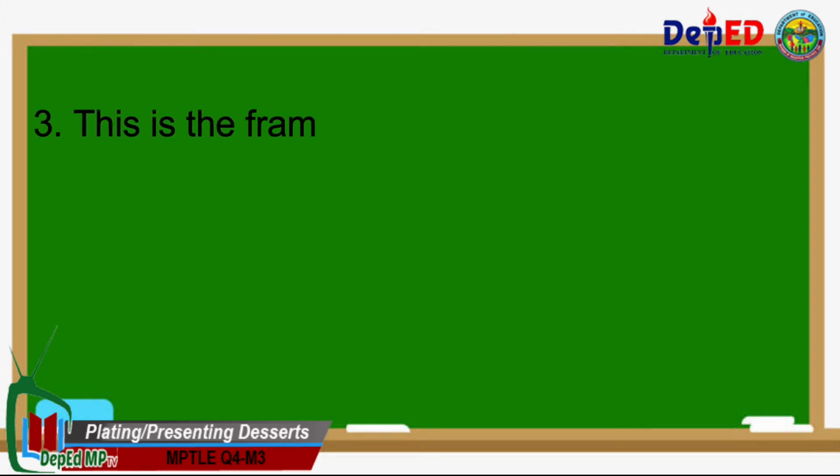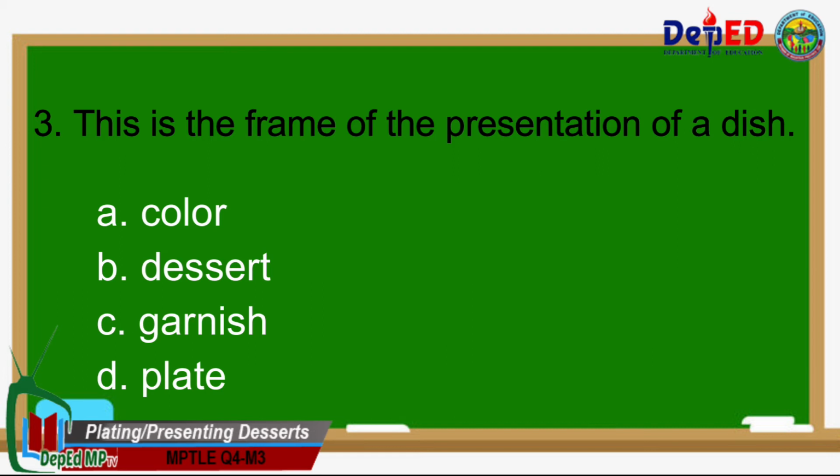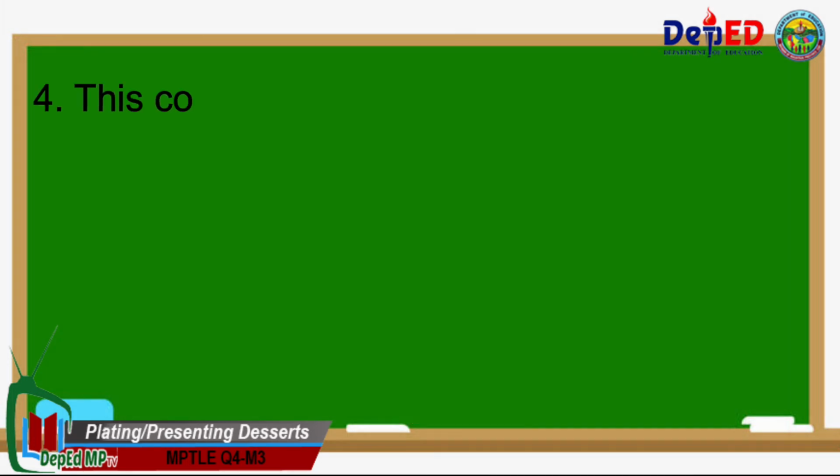Number 3. This is the frame of the presentation of a dish. Letter A, color. Letter B, dessert. Letter C, garnish. And letter D, plate. The correct answer is letter D. Number 4.